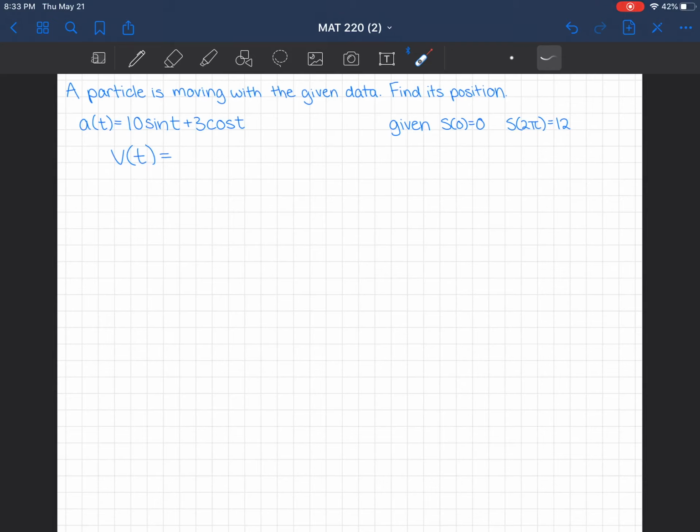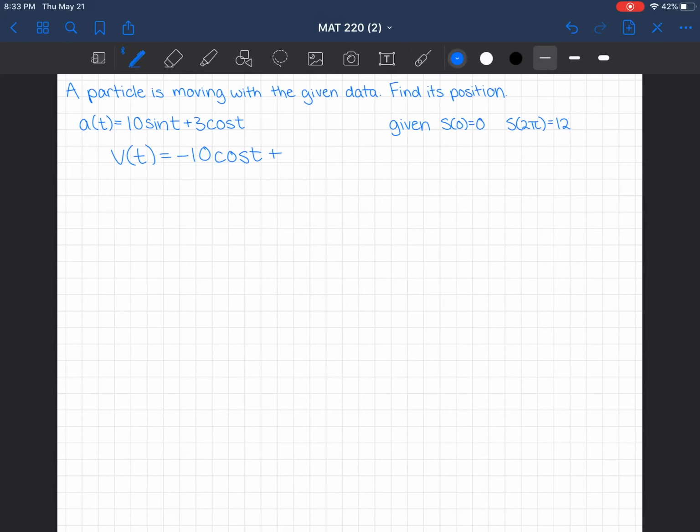What we would need to have to give us that value would be negative 10 cosine t. If we were to take the derivative of that, our 10 is just a constant, so that will just stay in front of our term here, and negative cosine t is going to end up being sine t.